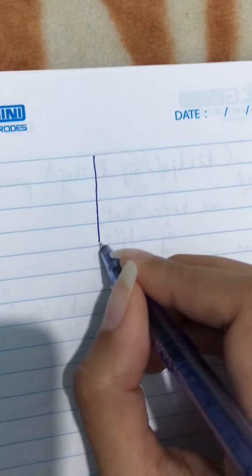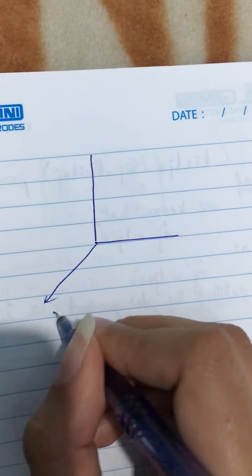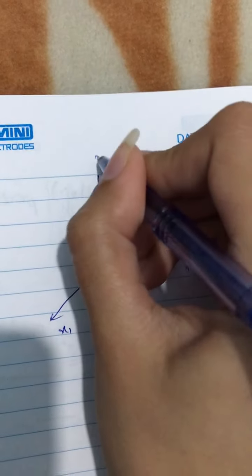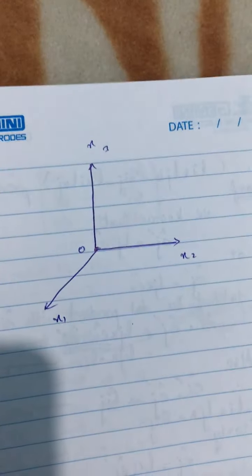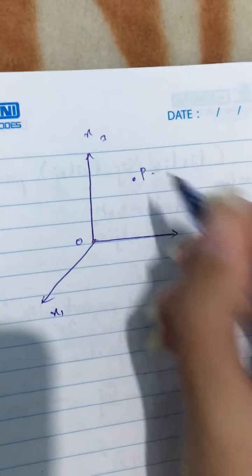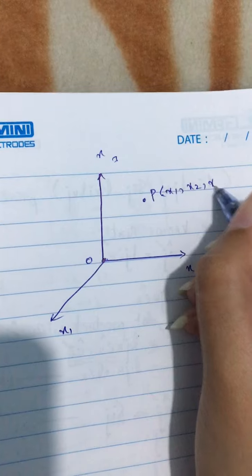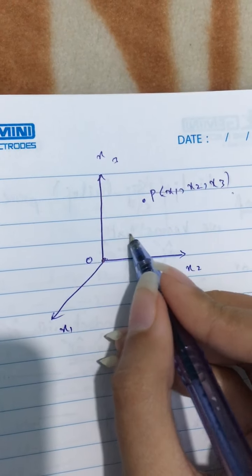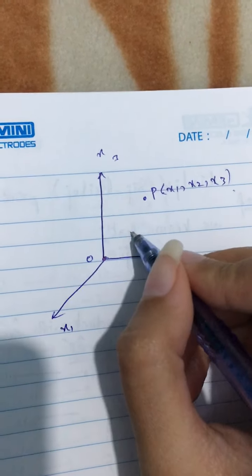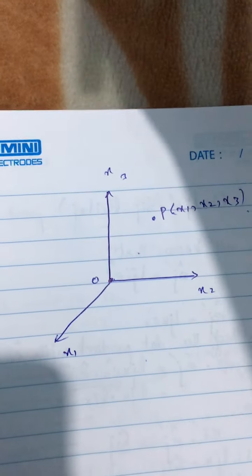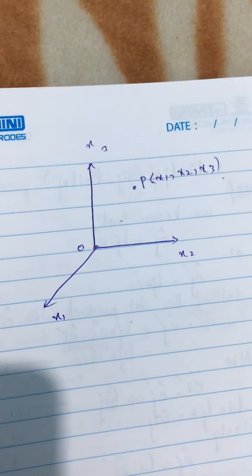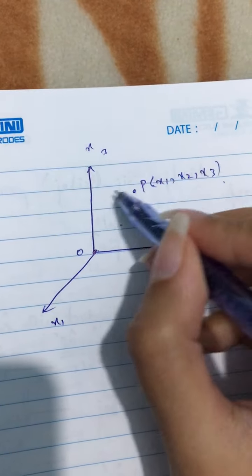That means if we have some axes x1, x2 and x3, and this is the origin here, and here is some point P in x1, x2 and x3. I am taking another system and I am going to check whether this is a rotation of the system.